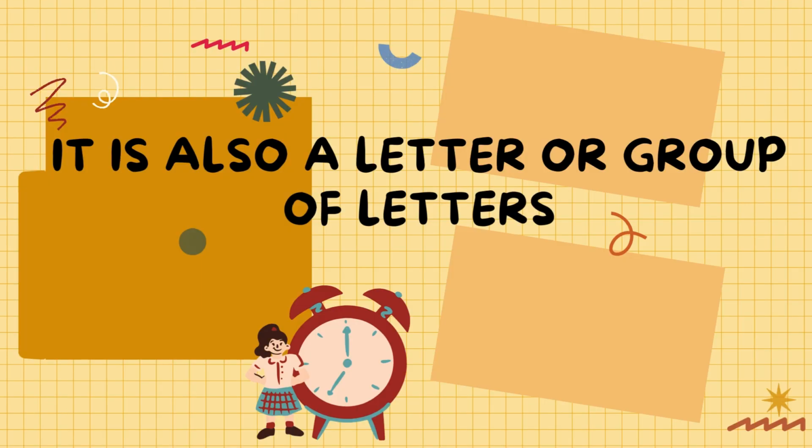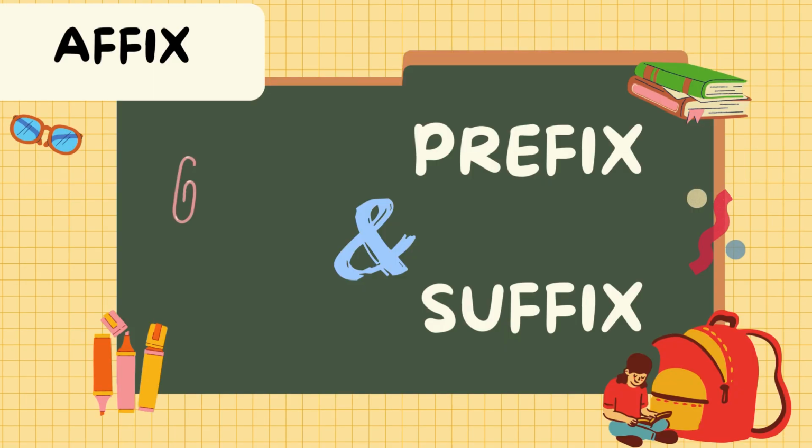It is also a letter or group of letters. Affixes are applied at the beginning or end of a word, ultimately forming a new word. The new word will also have a different meaning. We will focus on two types of affix: prefix and suffix.